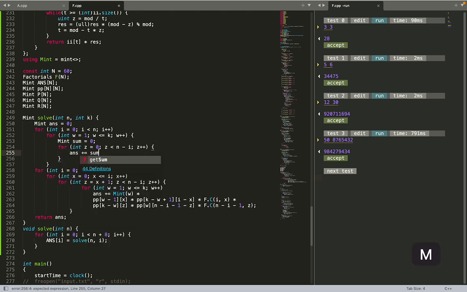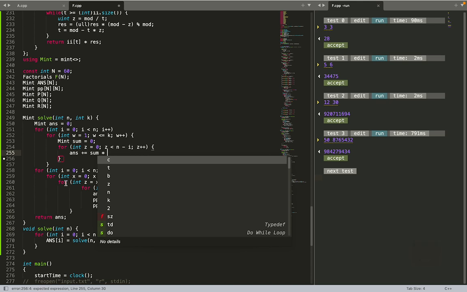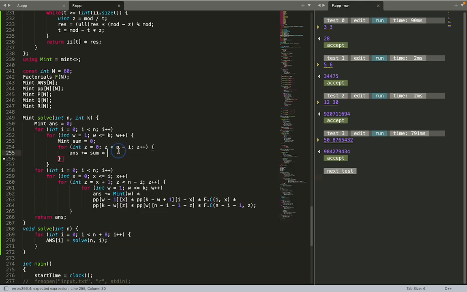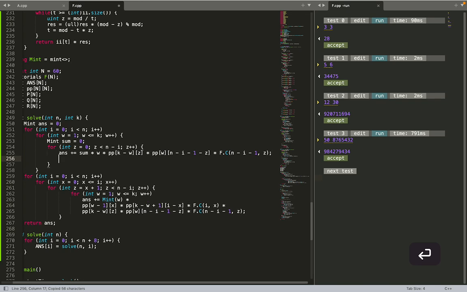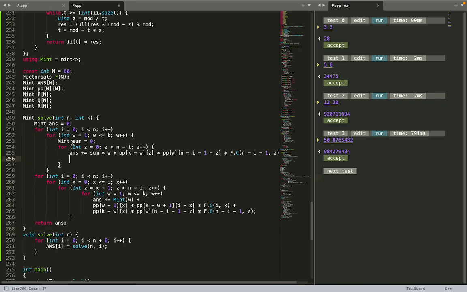And we will say, add to the answer the sum over all x's times w times all of that. And then we should increase the sum by this value for the newly added x, which is just z.